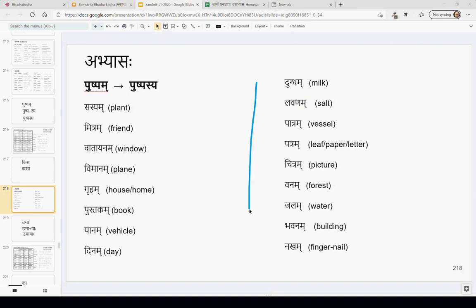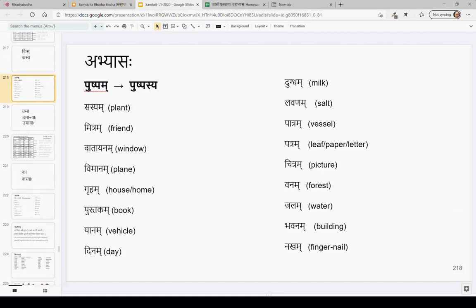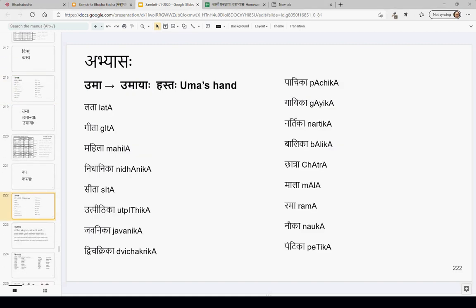Okay. One more word. Grahasya lavanam. Okay. All right. Dhanyavada. We'll move on to Strilinga words.